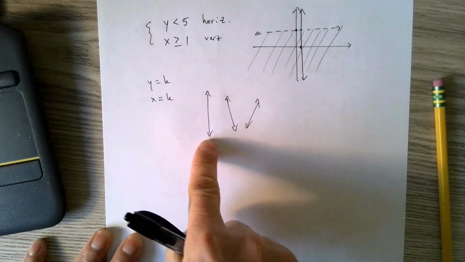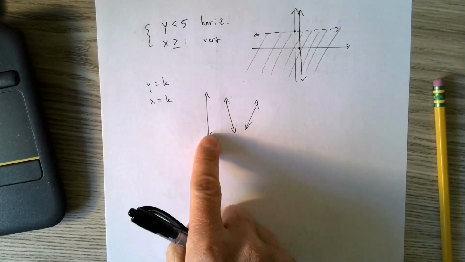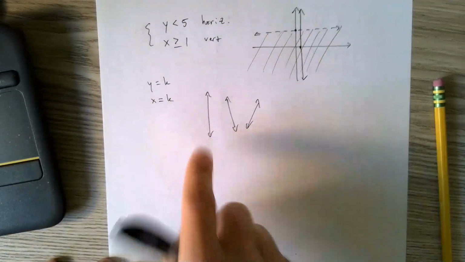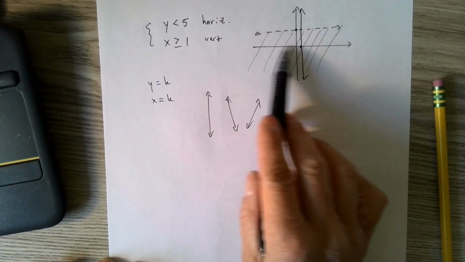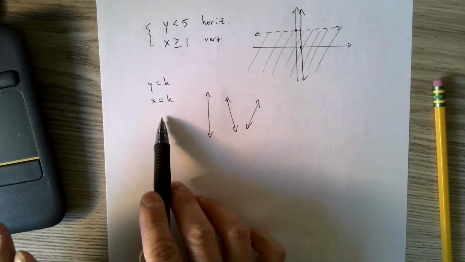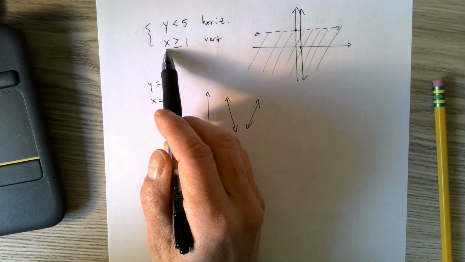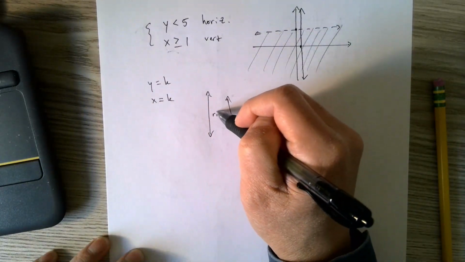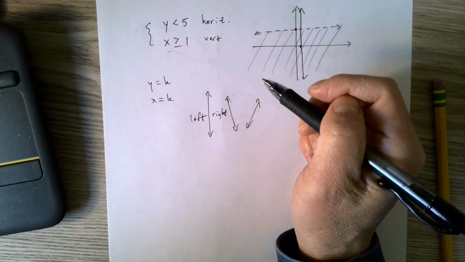So this is where I have to temporarily forget about the above and below because there is no above and below. And I have to think in terms of the x direction. The x direction is either left or right, right? The x-axis goes left and right. The greater numbers are on the right, the lesser numbers are on the left. So when I see greater than or equal to from the x point of view, I have to think in terms of right and left, not above and below.